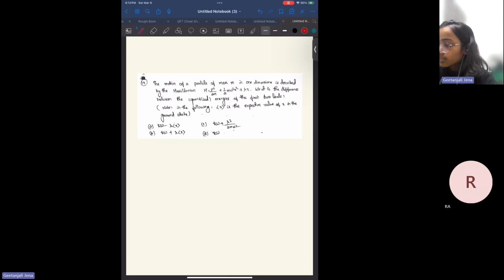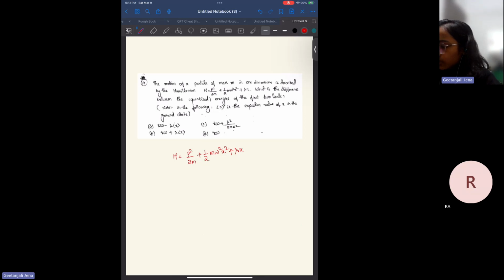So this is one of the problems that was not solved in the previous live session. Let me quickly solve this one. It is given that the motion of a particle of mass m in one dimension is described by Hamiltonian H, which is nothing but p square by 2m plus half m omega square x square plus lambda x.